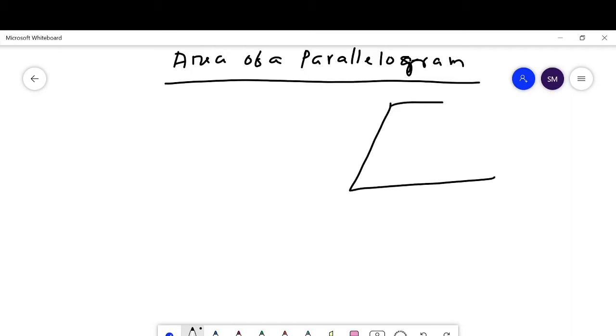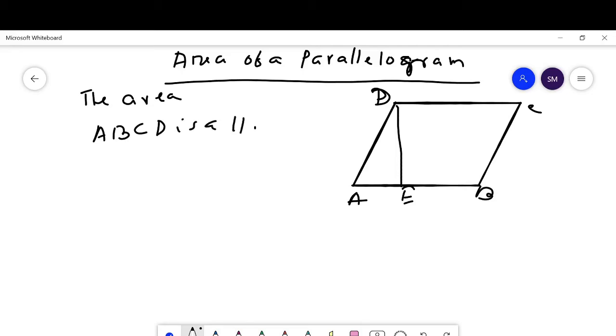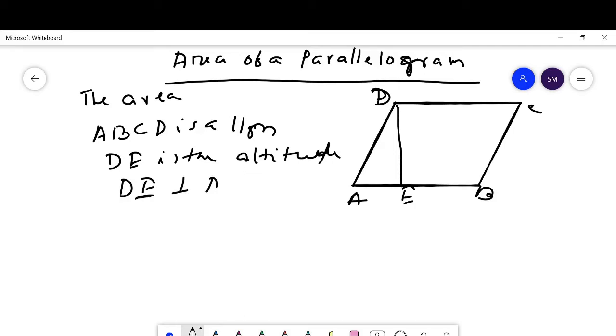Suppose ABCD is a parallelogram, and DE is the perpendicular, the altitude, to the base AB.